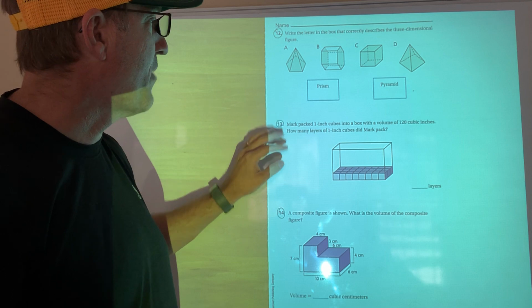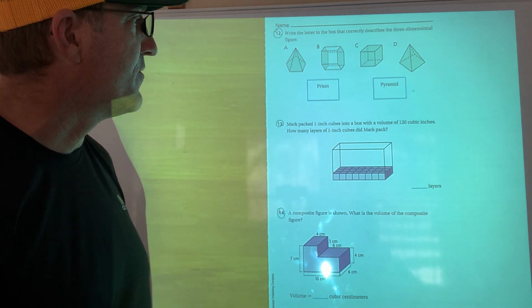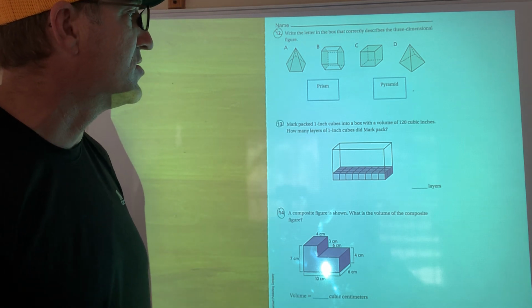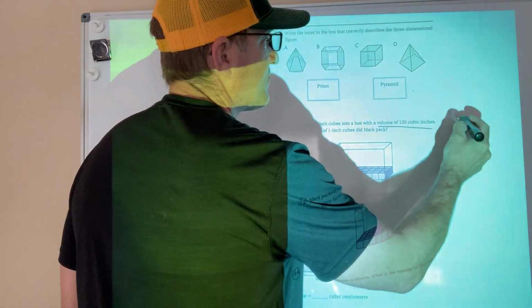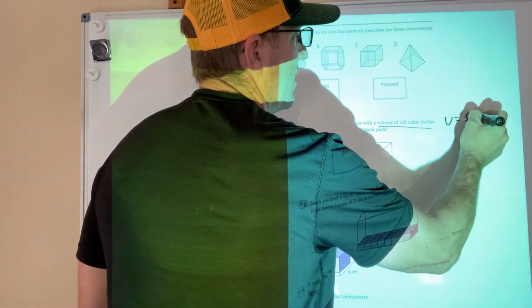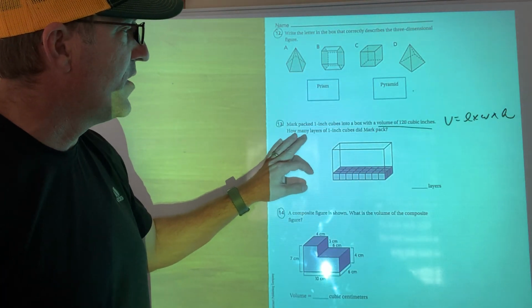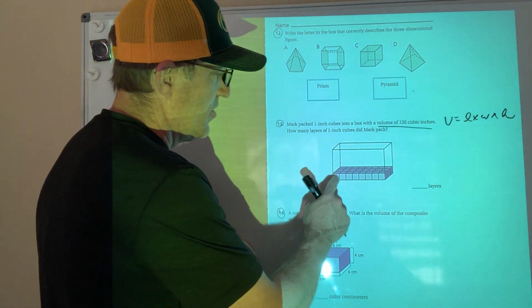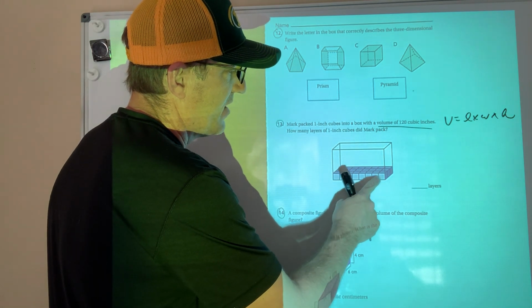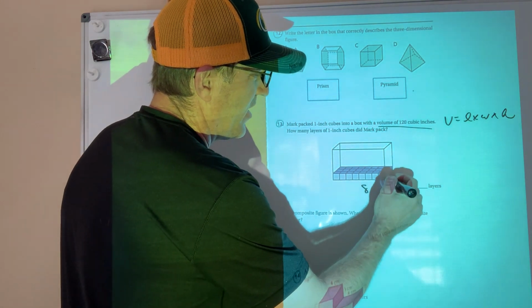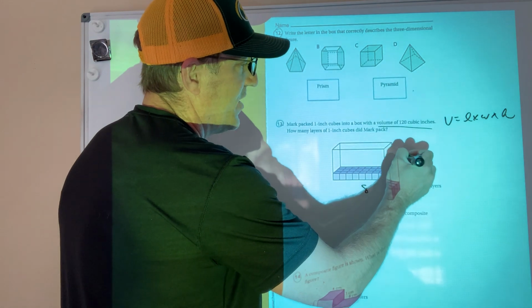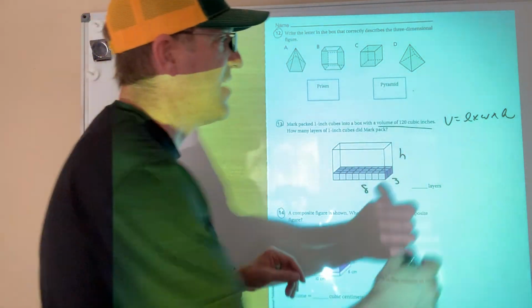All right. Mark packed 1-inch cubes into a box with a volume of 120 cubic inches. So my volume is 120. So volume equals length times width times height, right? How many layers of 1-inch cubes did Mark pack? So I'm going to count 1, 2, 3, 4, 5, 6, 7, 8, right? And 1, 2, 3. And I've got to figure out what H is. Okay, and they gave me the volume.